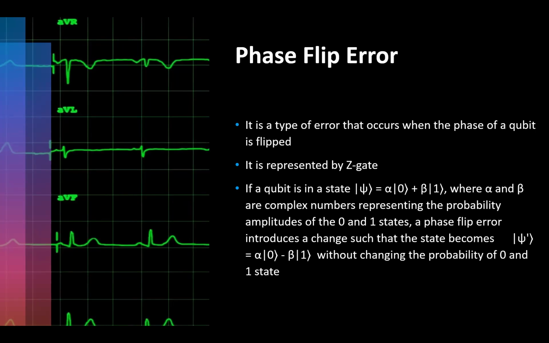So what does phase flip do? It introduces a phase, but the probability of the state stays the same. The probability does not change during phase flip errors, but the phase can change.